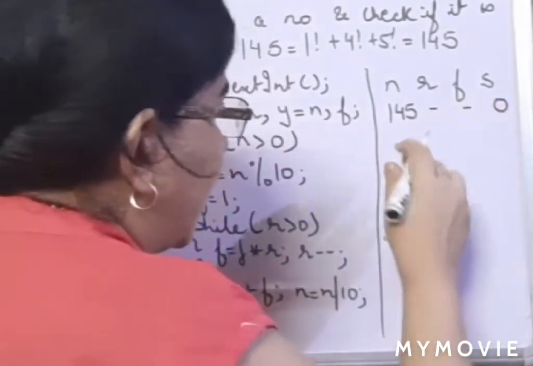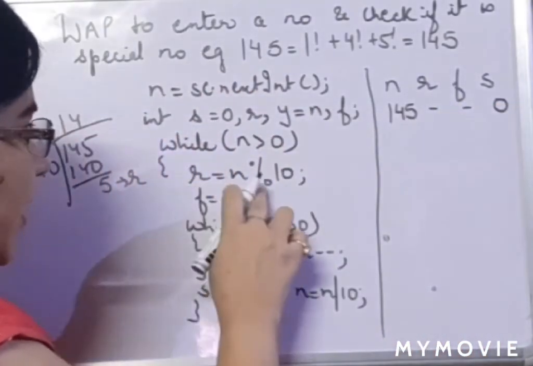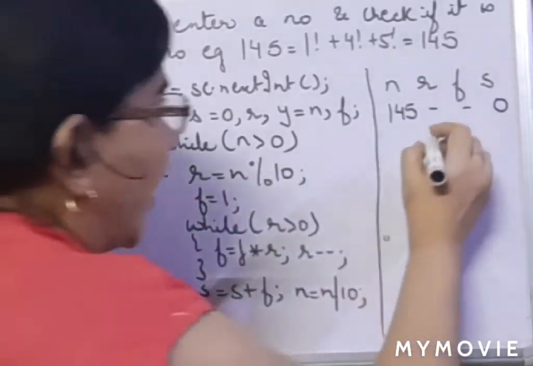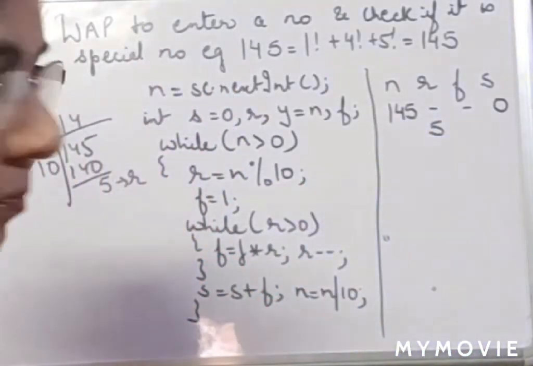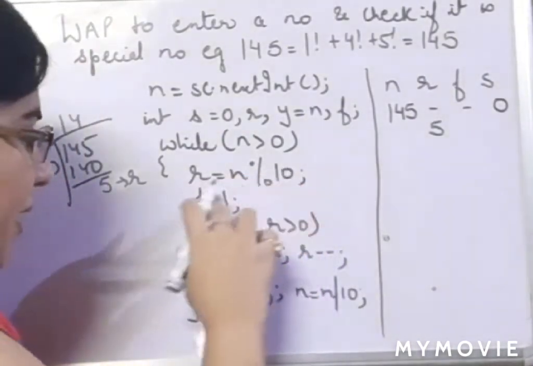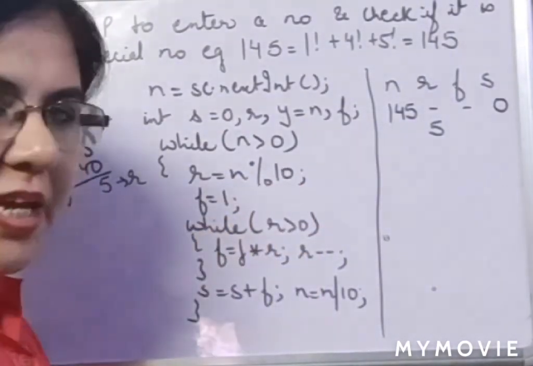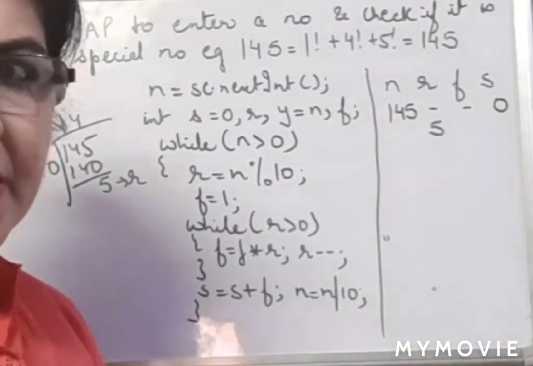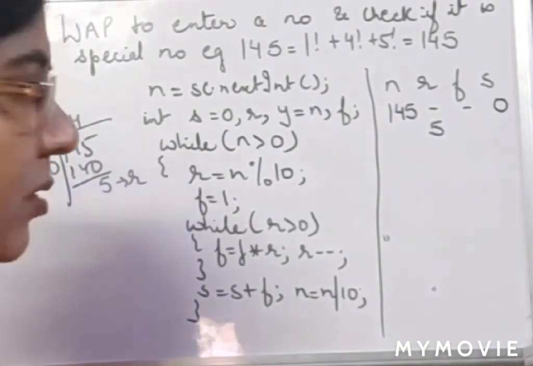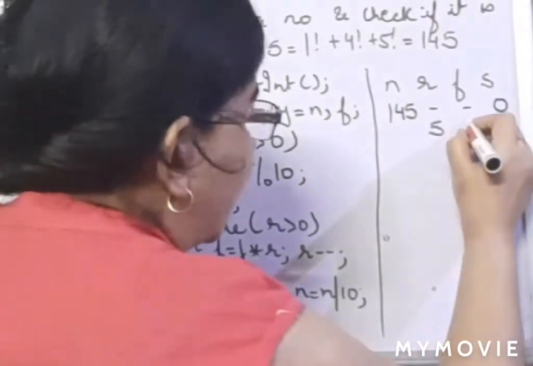These both were nothing. Presently when we divided n by 10, we got 5 as a remainder, which was stored in r. After taking the remainder, I have initialized f with 1, which is for calculating the factorial, as we had seen a little while ago. So f will be 1.